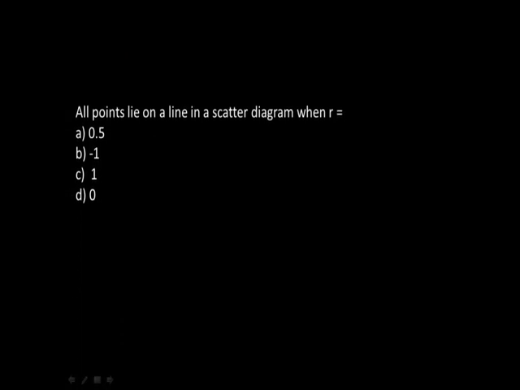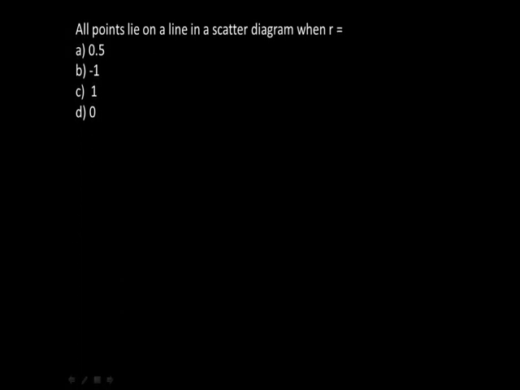The next question is: all points lie on the line in a scatter diagram when r is equal to what? So what will be the nature of the points on the scatter diagram? It is said that all points are on the line in a scatter diagram.